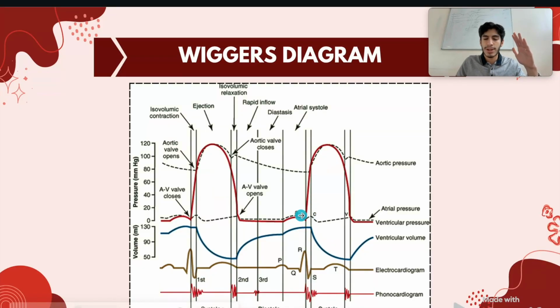So this is why you have the C going down, right? This little bump here is called the C wave, right? And then now the atria is relaxed and it's slowly filling up with blood from the rest of the heart. Okay, let me repeat this part.